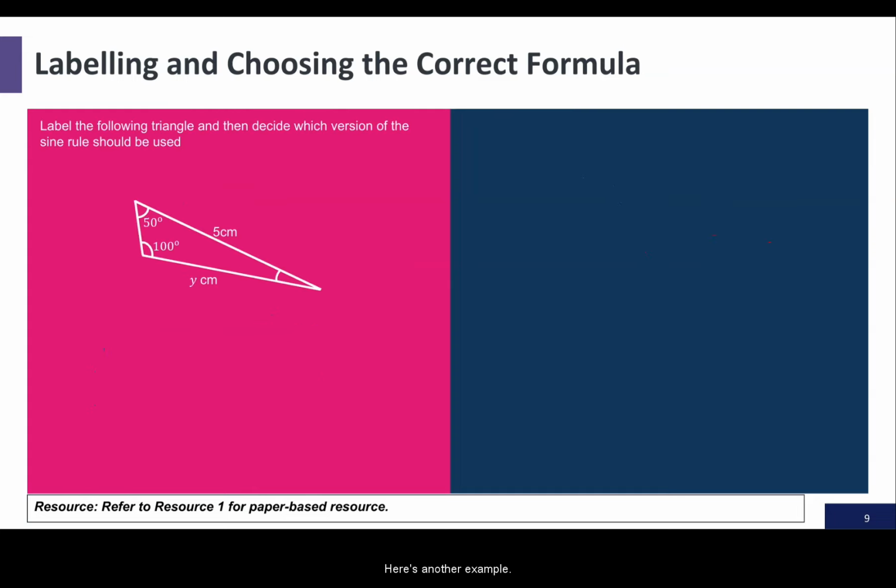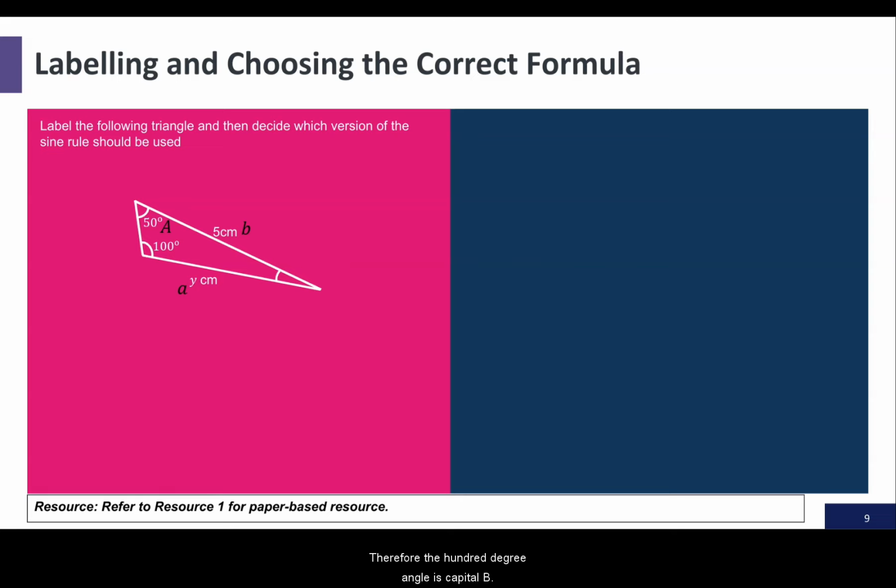Here is another example. I'm labelling this side as lowercase a. The 50-degree angle is capital A. I've labelled the 5 centimetre side as lowercase b.